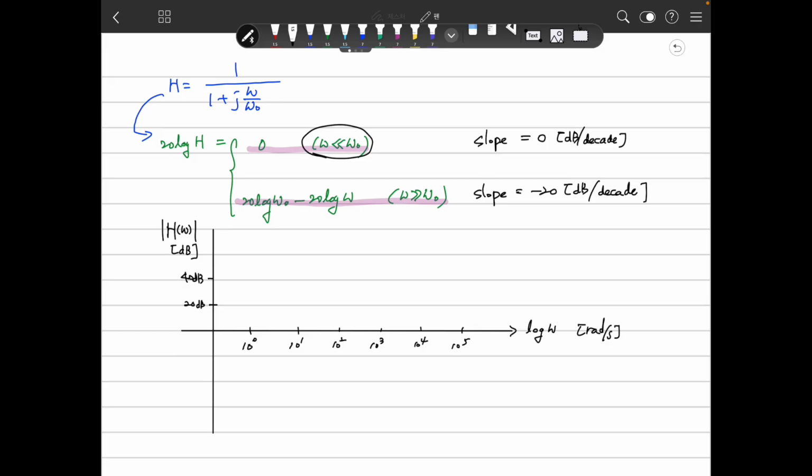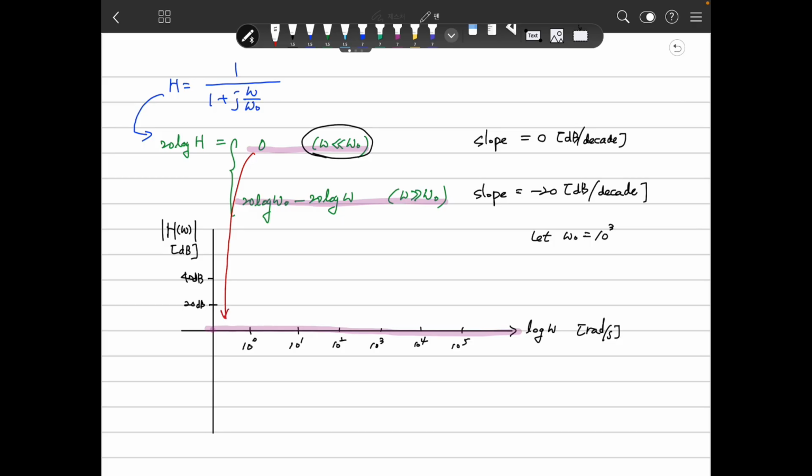So let omega 0 be about 10 to the 3, in this case we have this at 0 dB.